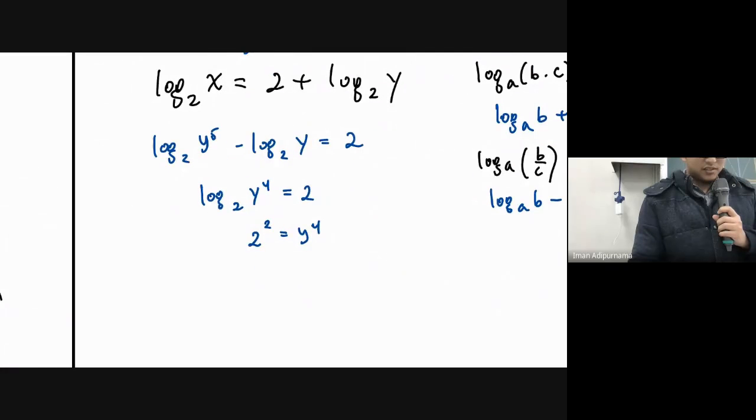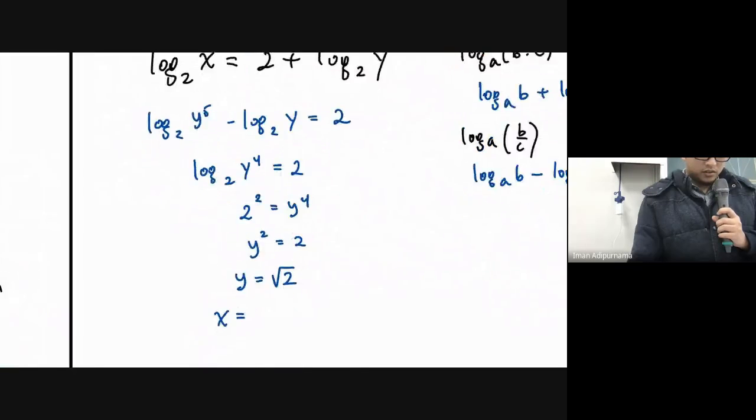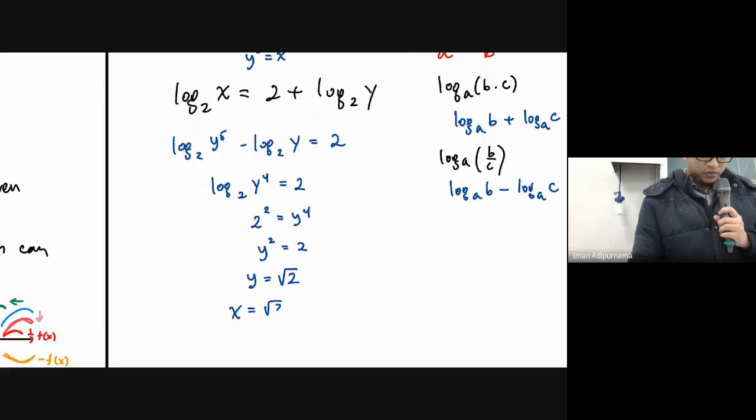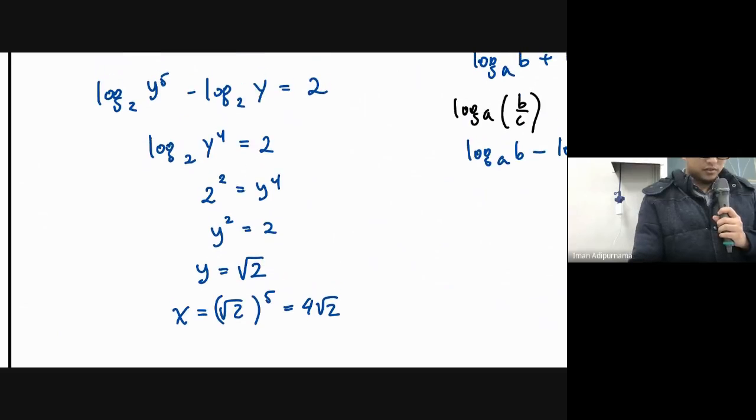So y is square root of 2. So x is square root of 2 to the power of 5, so 4 square root of 2.